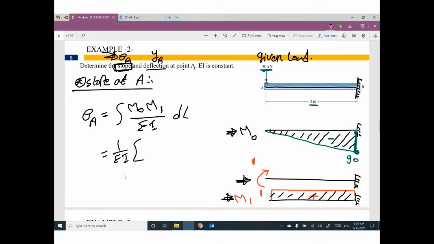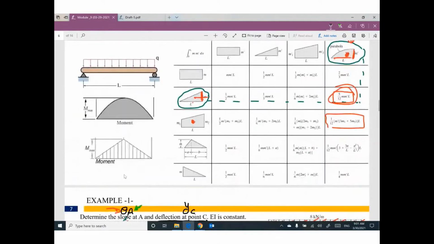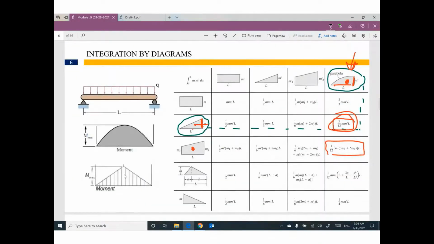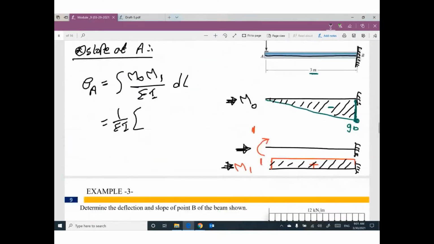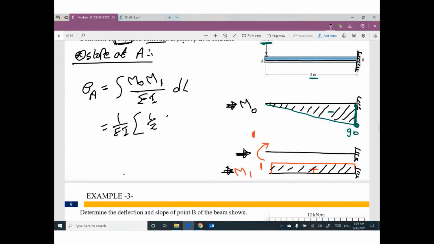You can use your table. We have triangle by rectangle, so I will use this equation of integration. Have M bar times L. Have M, 90 negative.